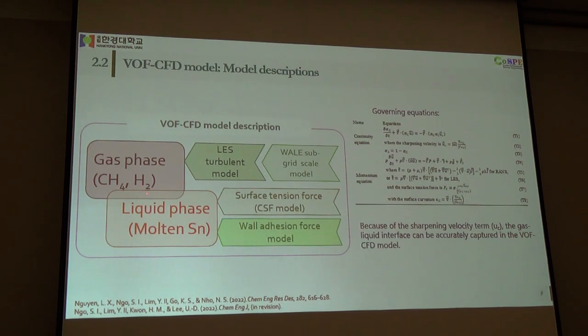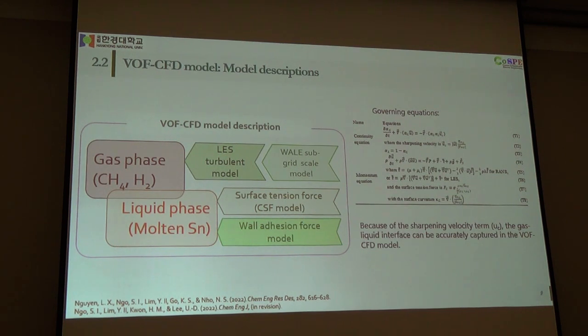We have two phases. The first is the gas phase, including methane or hydrogen, and the liquid phase is molten tin. And we apply the LES fluid model with the subgrid scale model, WALE, and also we apply the surface tension force and the wall adhesion force to the liquid phase.